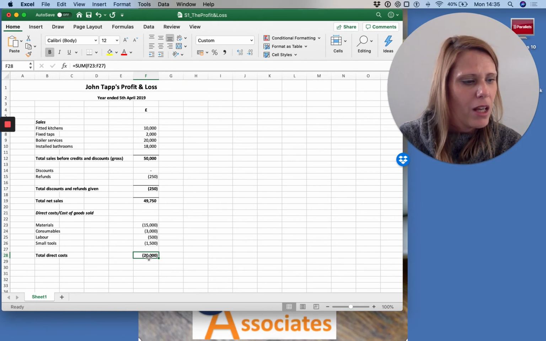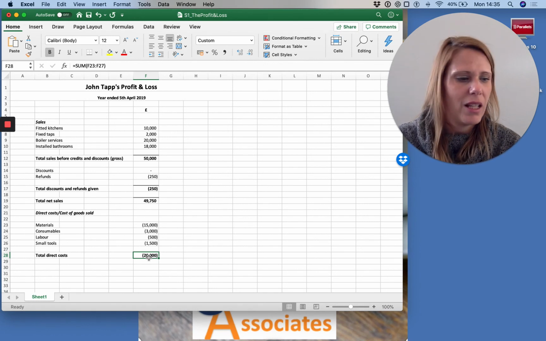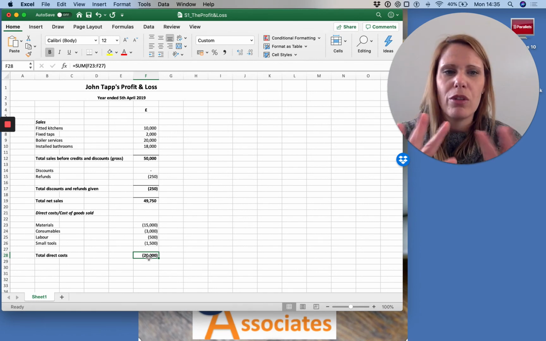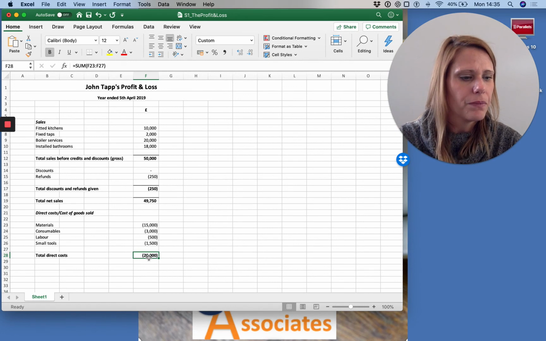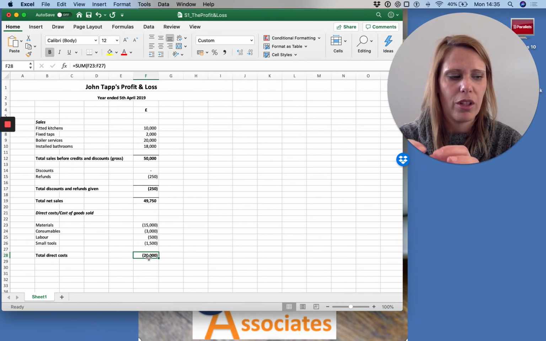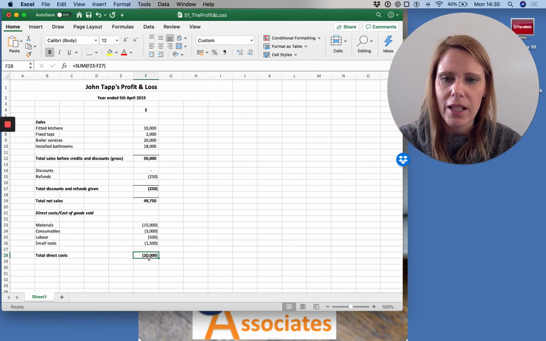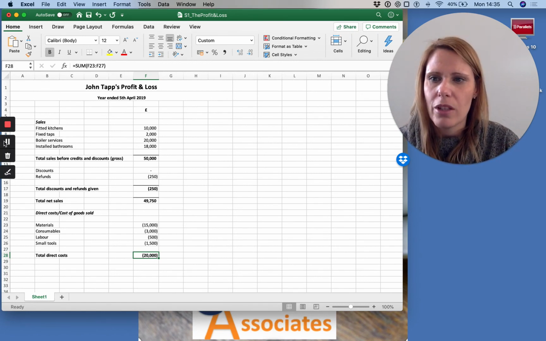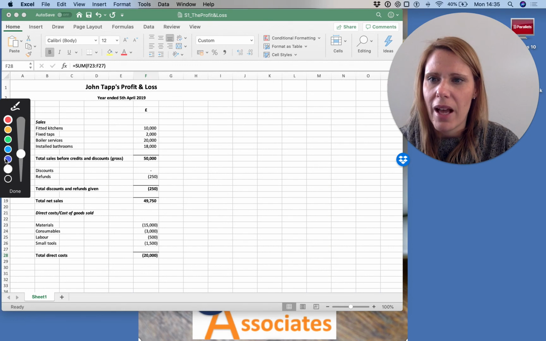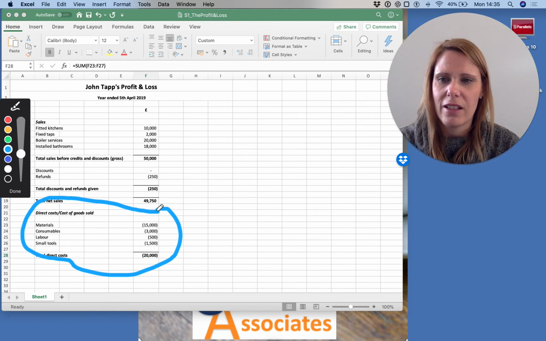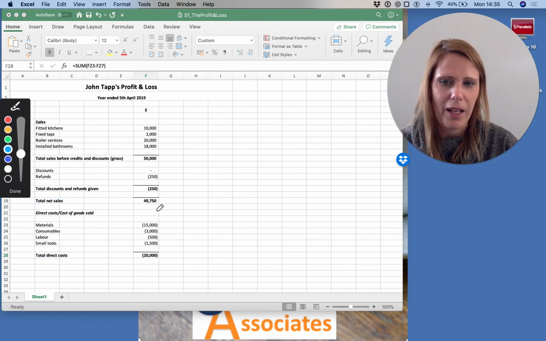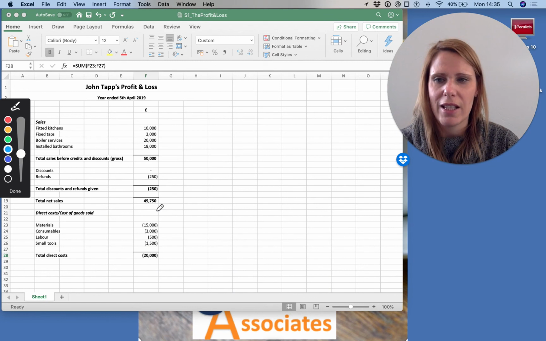Your takeaway task for today is to go away, continue building your profit and loss account by adding your cost of goods sold direct cost categories and totaling your direct costs. I'd like you to come back to having this section completed, ready for next session. That's your task to take away home and have a go at this week.